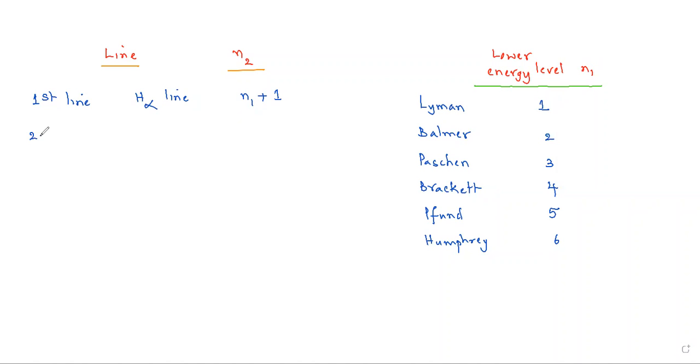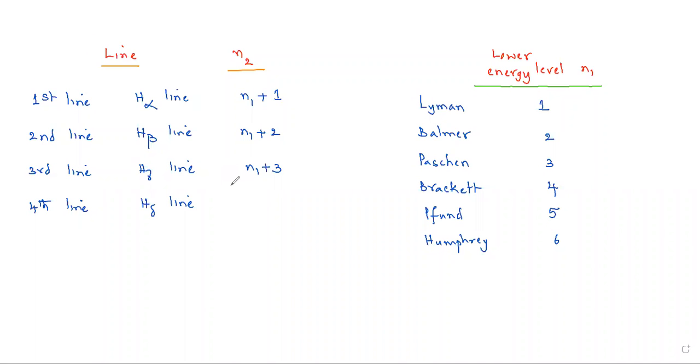Now go for the second line. I'll give you so many examples, don't worry. H beta line. This is N1 plus 2. Just add 2 if you want the second line, and that is called H beta line. Coming to the third line, H gamma line, N1 plus 3. Go for the fourth line, it is called H delta line: alpha, beta, gamma, delta.